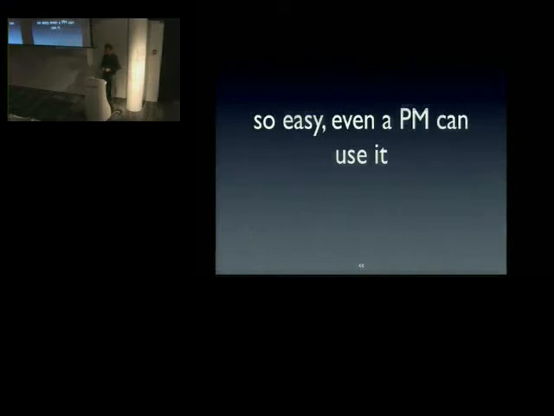There's a set of commercials about an insurance company, Geico, that says it's so easy, even a caveman can do it. I don't think it's as easy for a caveman, but it's definitely easy enough that a PM like me can use V2009.